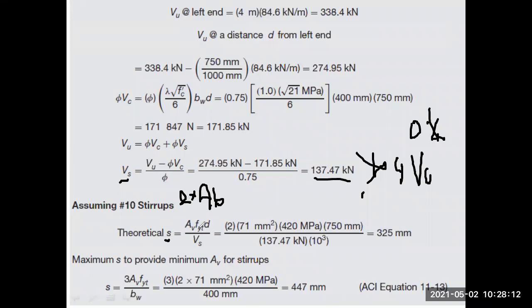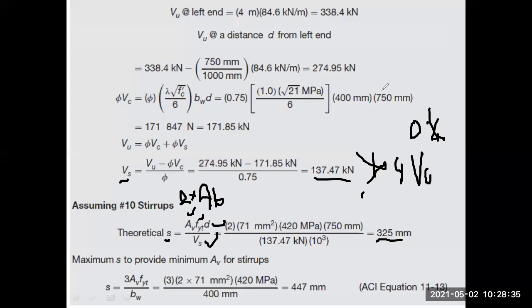And d is the effective depth, and VS is the amount of shear force that the stirrup would take, which we have checked is okay. So we have all these values, we get the spacing. Is this the final value that we could decide on?